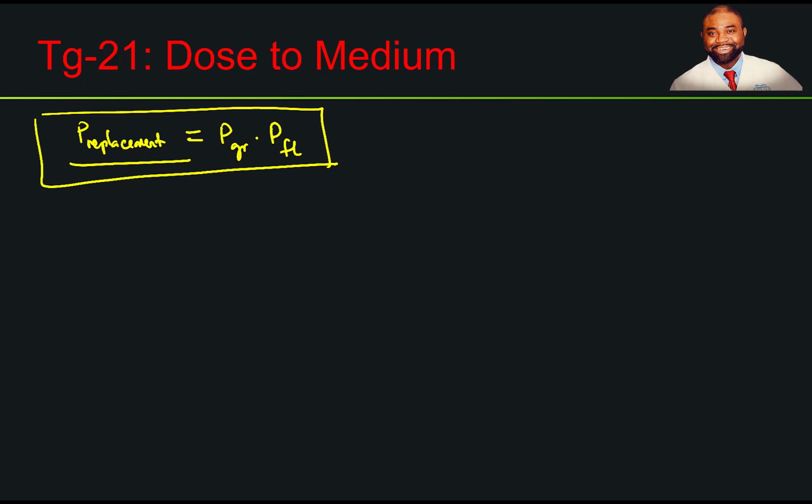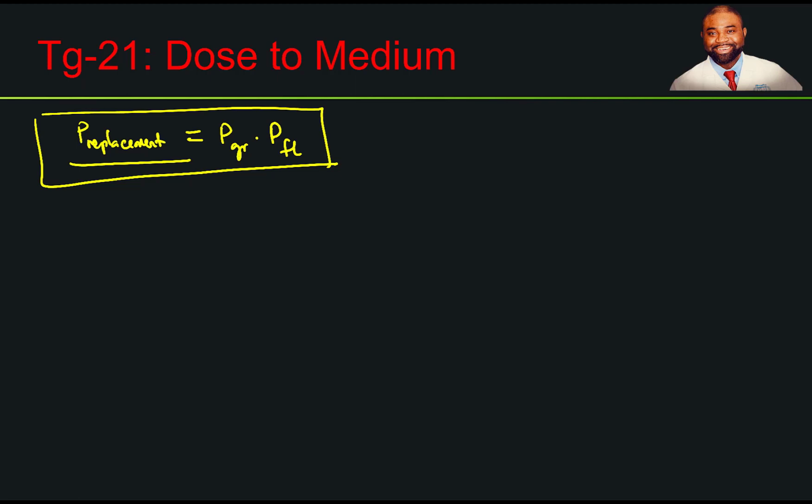Now, in contrast to P-wall, which accounts for changes due to the differences in the wall material with that of the medium, P replacement has two components. You have the gradient correction factor, P gradient, and you have the fluence correction factor, P fluence.